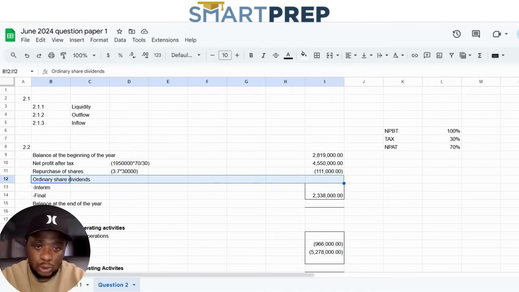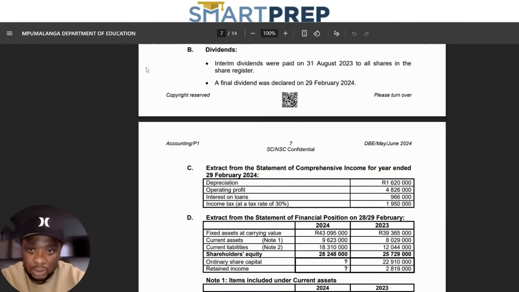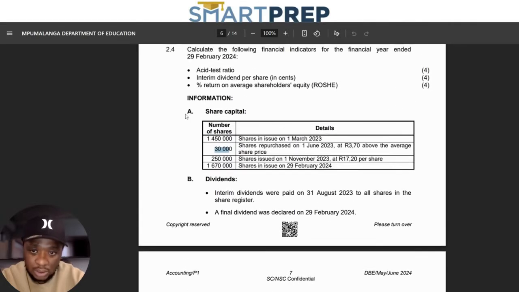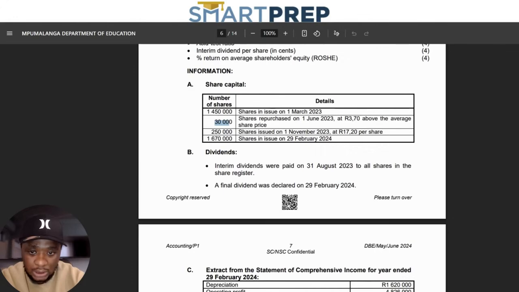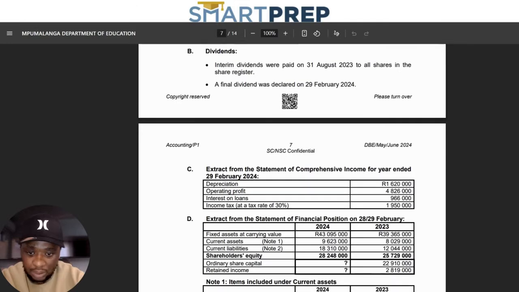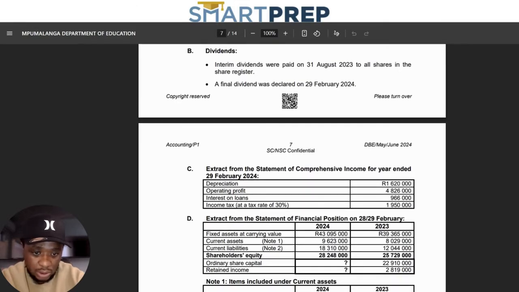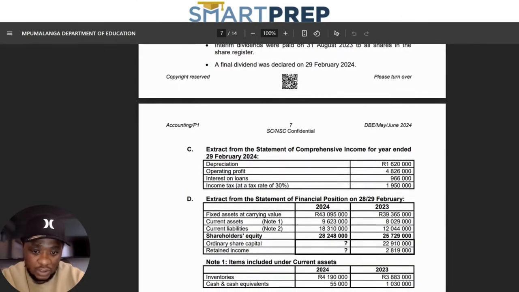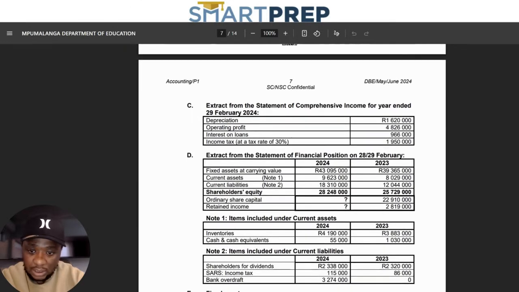Okay, cool. So let's have a look in terms of maybe we can get information about how much was paid towards dividends altogether, and that would help us. First information, there's no mention of the amounts, and then we have the final dividend that was declared. We have the operating profit, and we have the shareholders' equity from the beginning to the end of the financial year. Then we have inventories, cash and cash equivalents at the beginning and at the end.